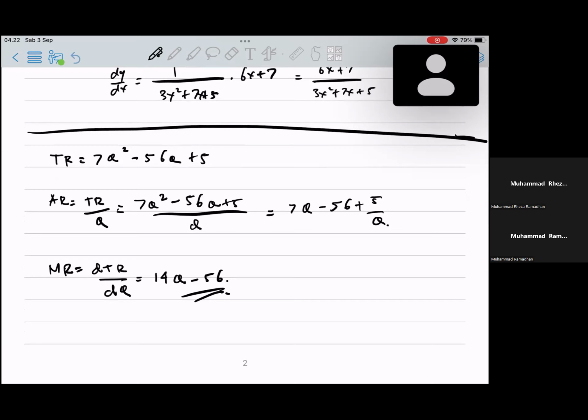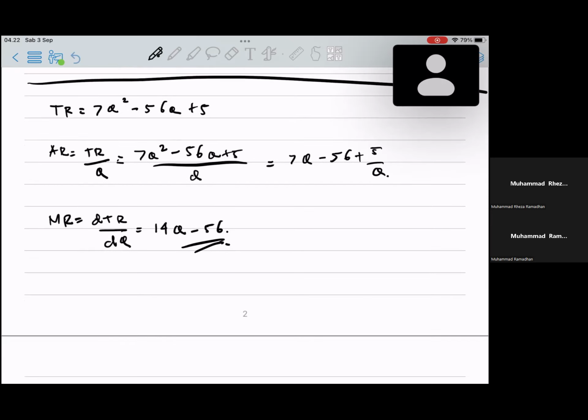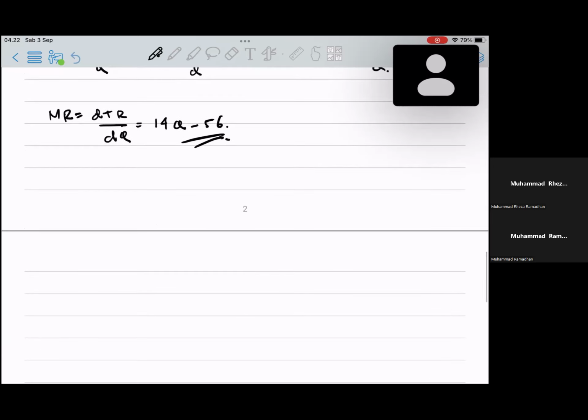And then in mathematics, there is a multiplication rule of derivative.